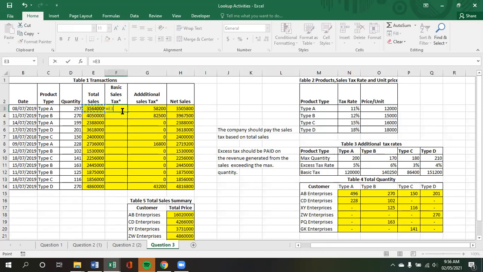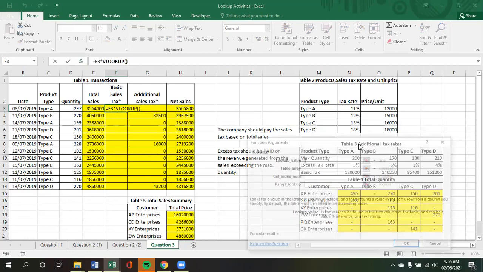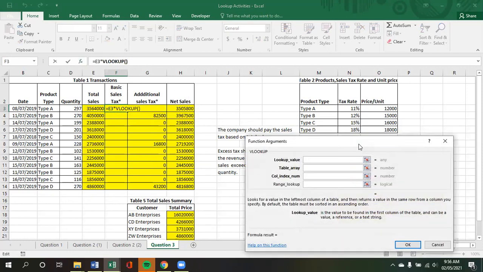Then you can multiply it by applying a VLOOKUP, no? You can take a VLOOKUP. Yeah, VLOOKUP. Then expand that. That is easy. The lookup value, we may search for the type. We may search for the type, and that is there in the table. You can specify table number 2 of yours.